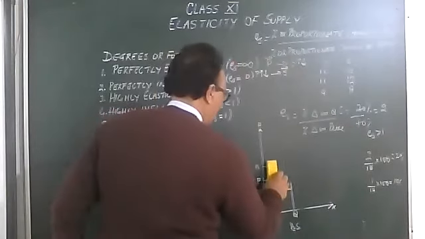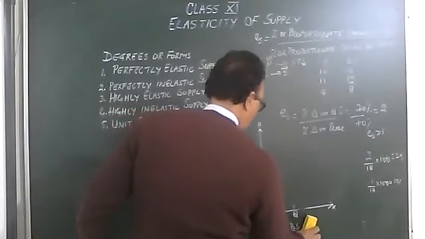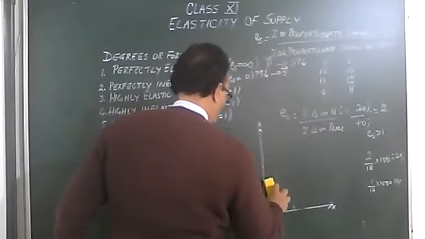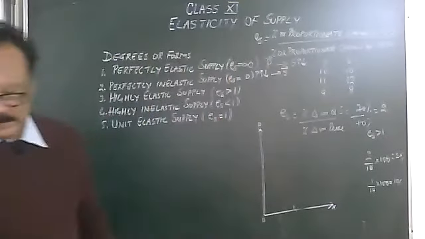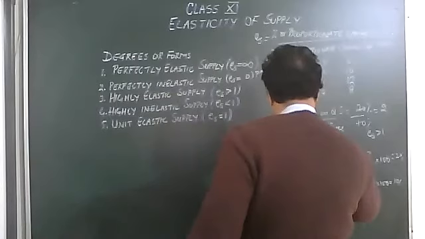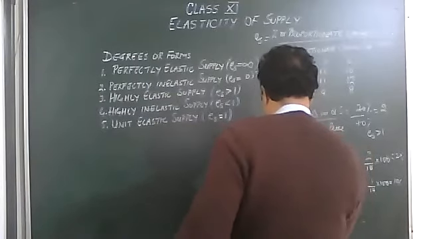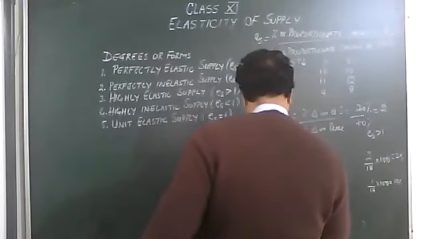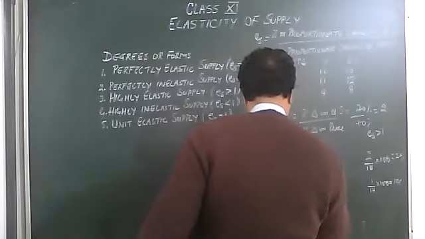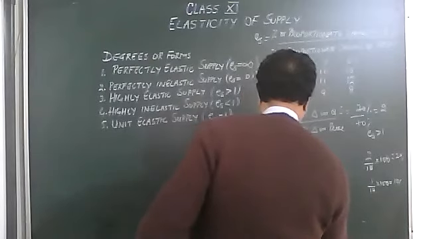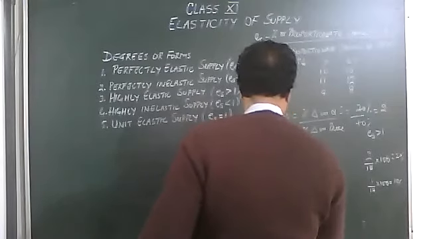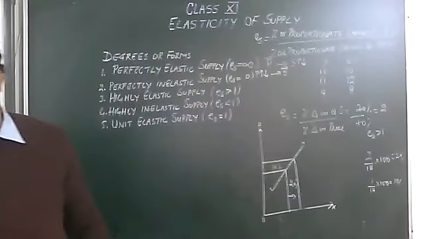Diagram. We have the X and the Y axis. The supply curve will be somewhere around here. The price, let us say here, increases. The quantity is more, that is 20%, and this is 10%.